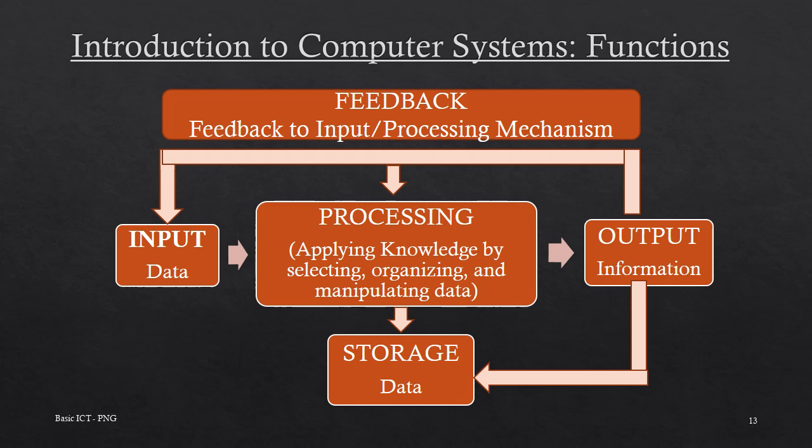The storage function takes place, or an output can be given. Now, from the output, a feedback. When you use that output to make changes to processing or input, it's referred to as feedback. And also from output, you can store the output. So these are the primary functions of computer system.